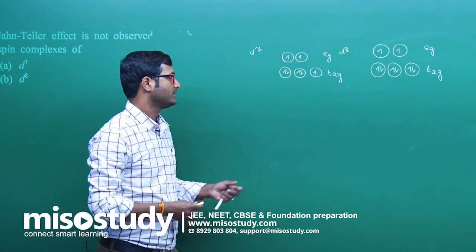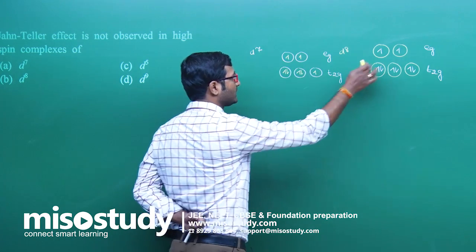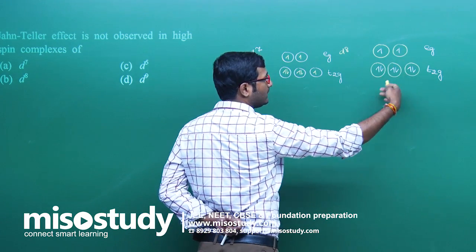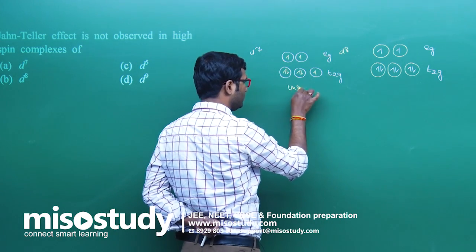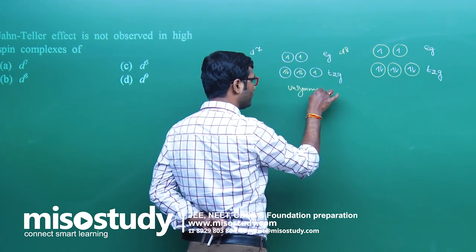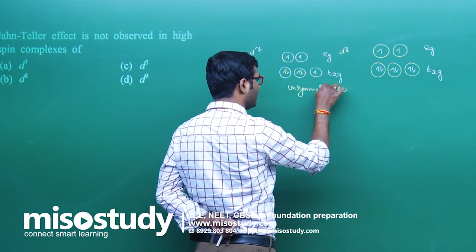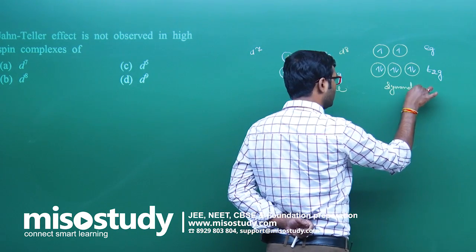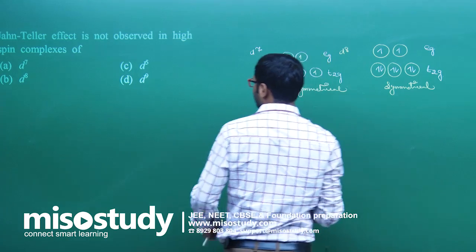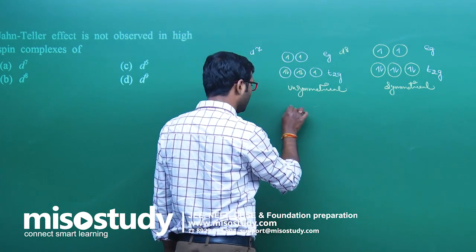Look at this, the t2g is symmetrical and even distribution, while the eg is unsymmetrical. And the next one is d5.